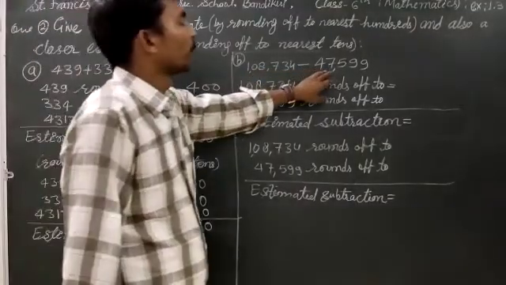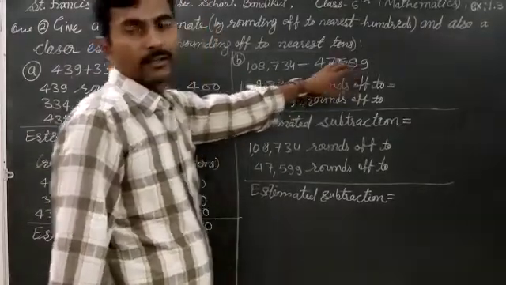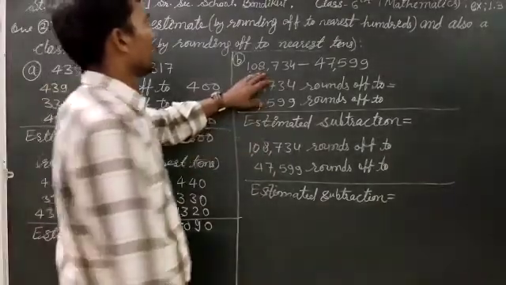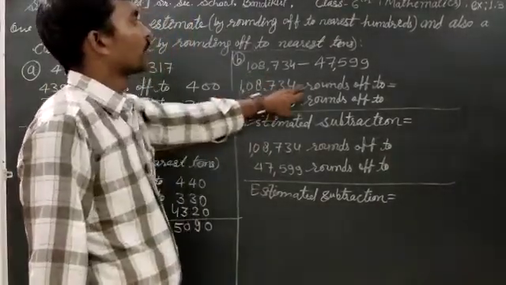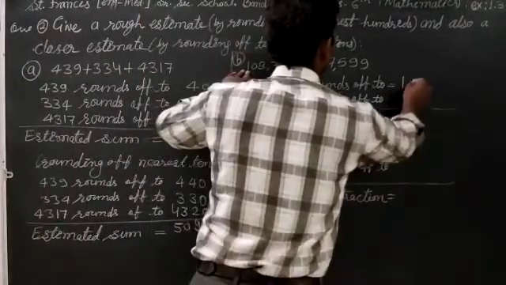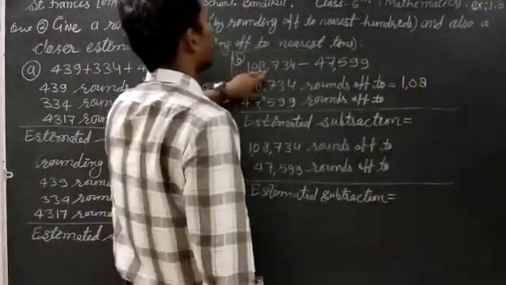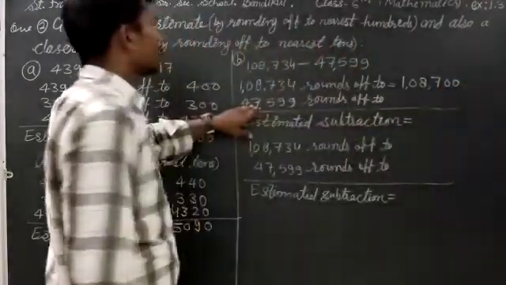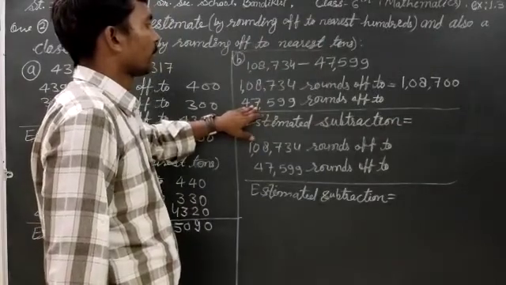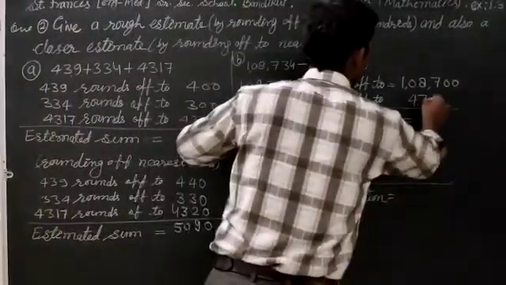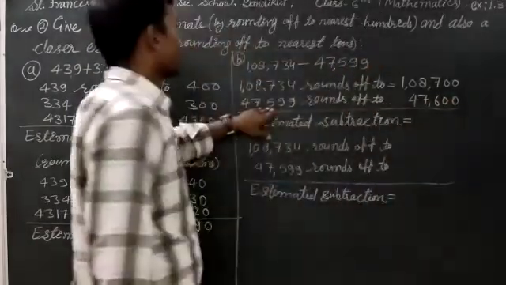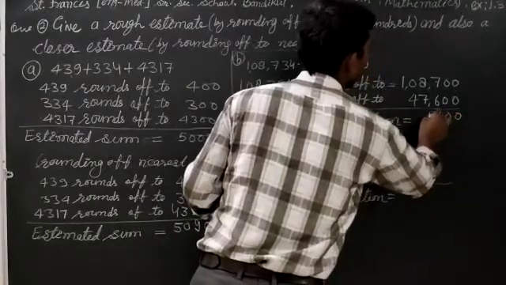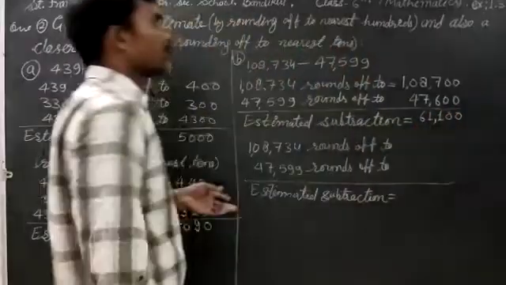1,08,734 and 47,599, estimated by rounding off to the nearest 100. 1,08,734 rounds off to 1,08,700, and this one to 47,600. Then the estimated subtraction will be 61,100.